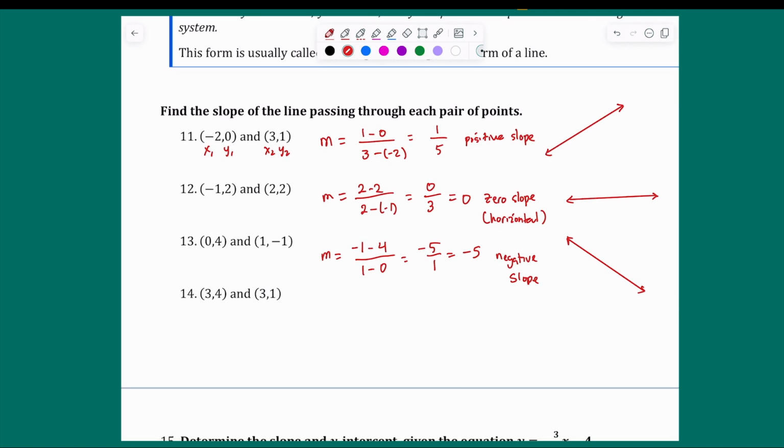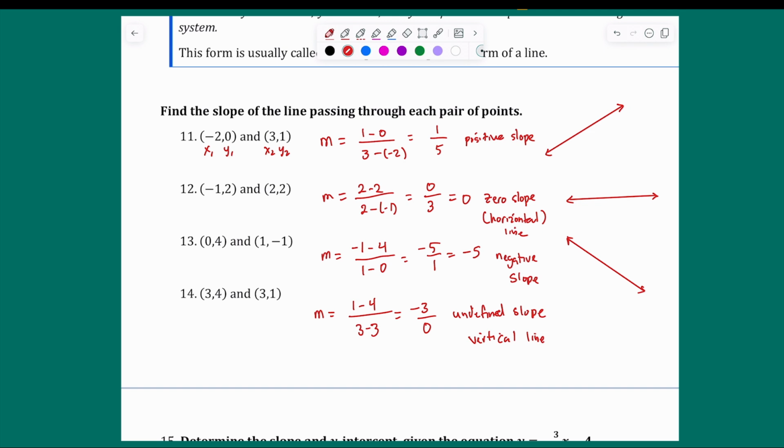Okay, the next ordered pairs are (3, 4) and (3, 1). We have the slope equals 1 minus 4 over 3 minus 3. So we get negative 3 over 0. In other words, we get an undefined slope. In this case, this indicates we have a vertical line.